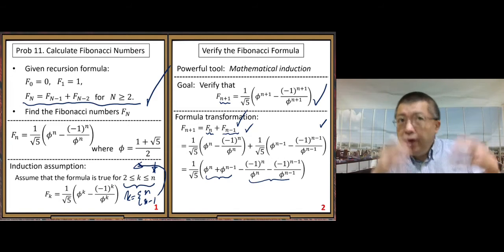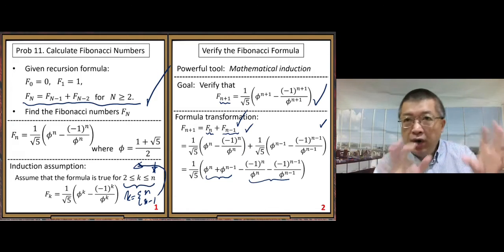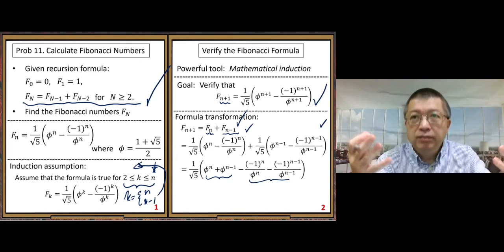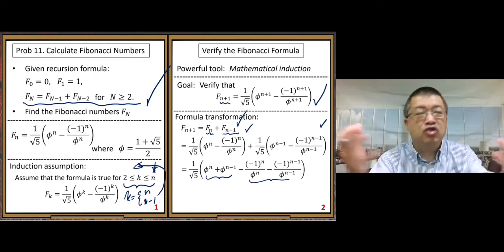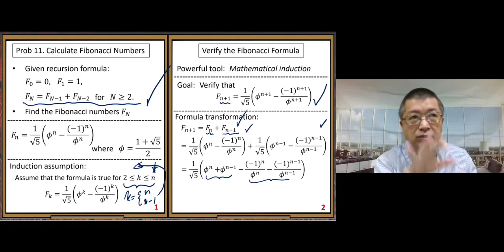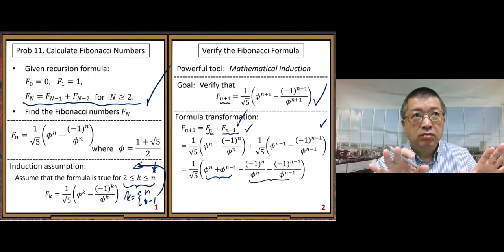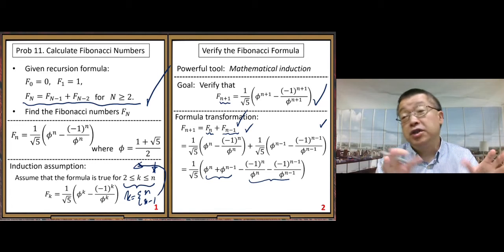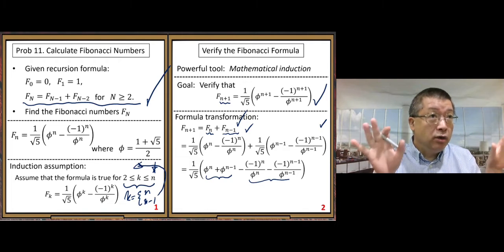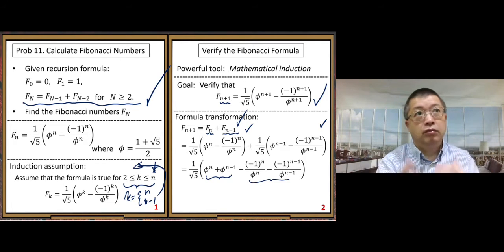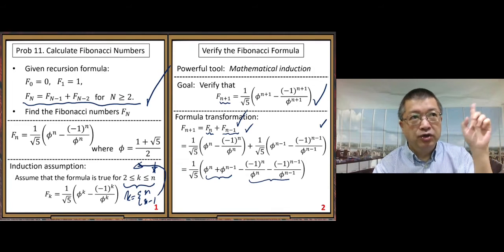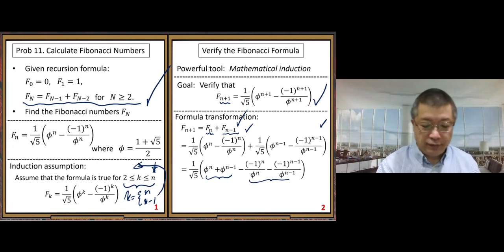So after some appropriate manipulation, we can reveal certain hidden structures. Here we are doing that. After rearranging some terms, because it is allowed under mathematical rules, then special structures are revealed.